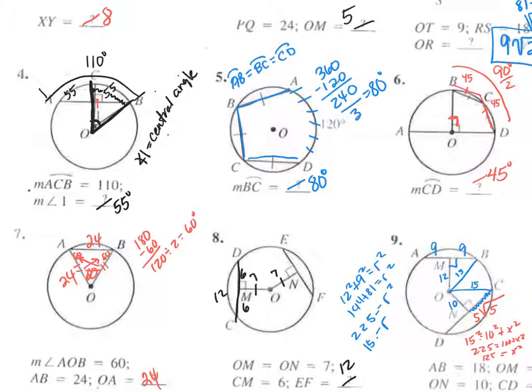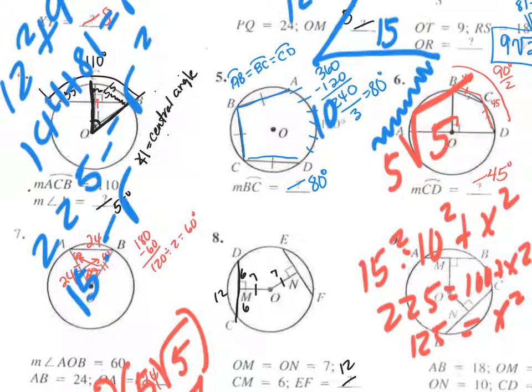So if I want to know CD, I need to double 5 root 5. And when I double 5 root 5, I don't distribute the 2, I just multiply these two. I have 10 root 5s. So CD should be 10 root 5.